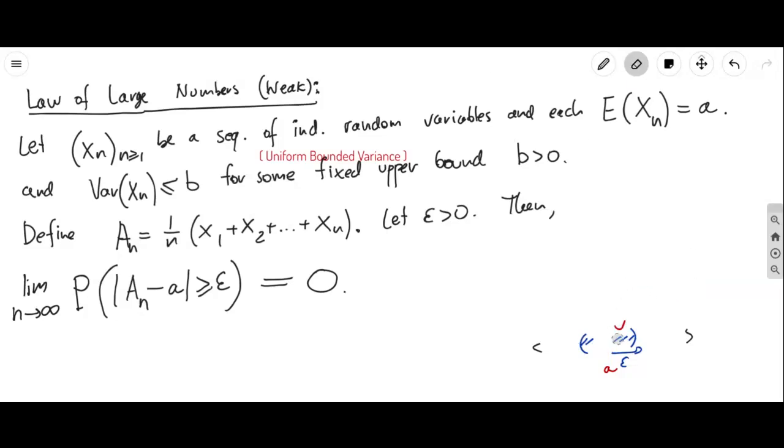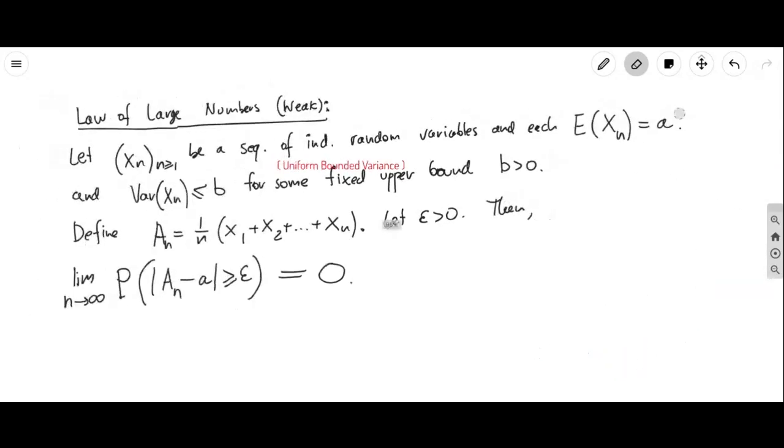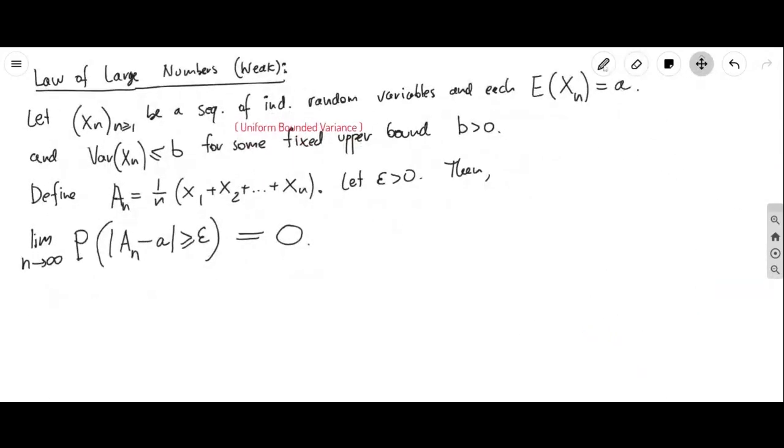Okay? And this also includes the case of random walks as a special case. So the above general version includes the special case of random walks. Why is that?